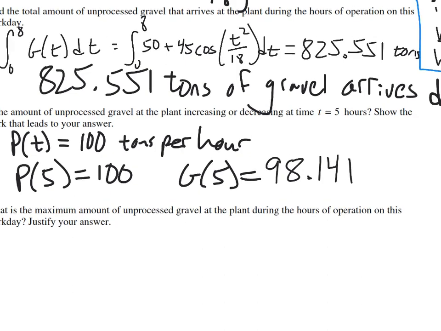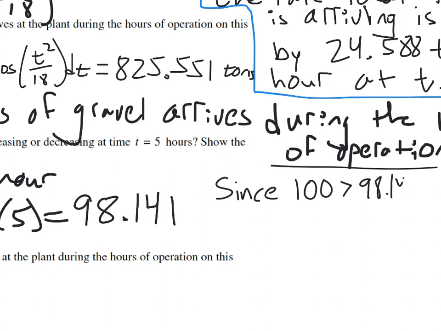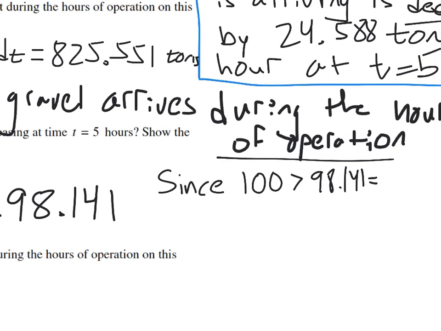So since P of 5 is greater than G of 5, since 100 is greater than 98.141, which is G of 5, that means they're processing more than is coming in.